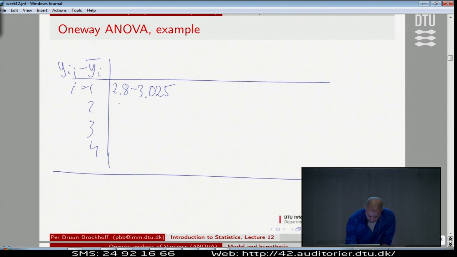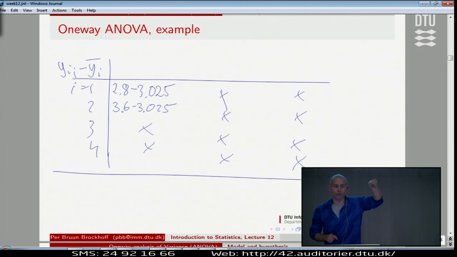I would take 3.6 minus this group average, and in the second group I would also take individual observations, 4 numbers here. I'm not going to write them out. I have 12 such individual observations, all those small pins that I made on my plot before.